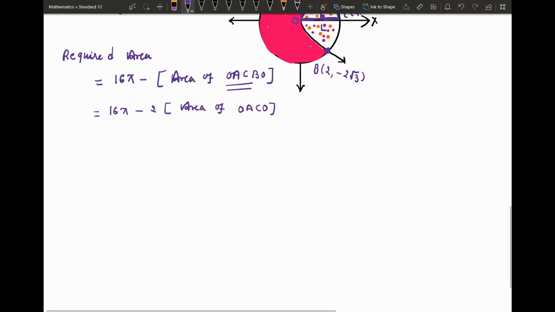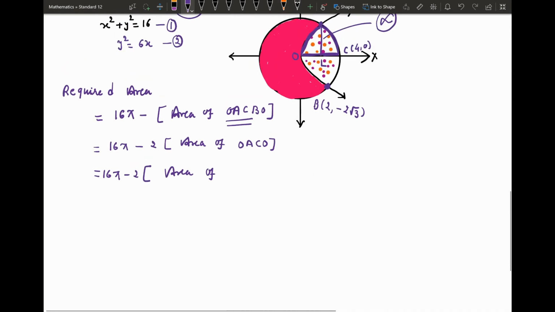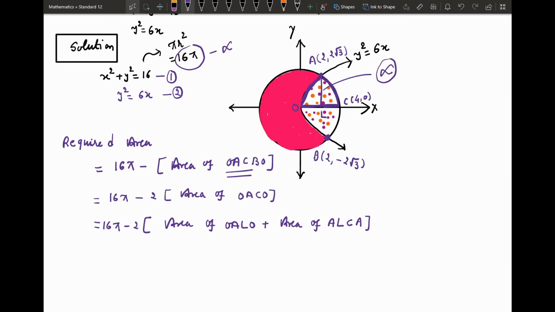So 16 pi minus 2 into area of O A L O plus area of A L C A. So we have divided into two portions.